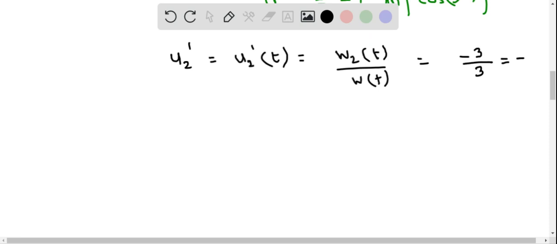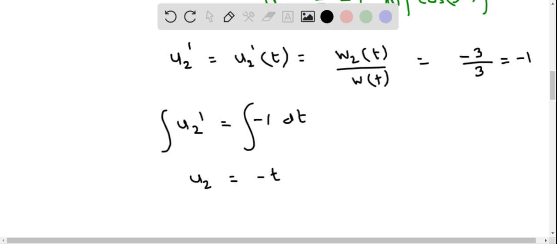And so this equals negative 1. That is, u2 prime equals negative 1. To determine u2, we find the integral on both sides. After integration, this is u2, and this equals the antiderivative of negative 1, which is negative t. And so this is u2 of t.